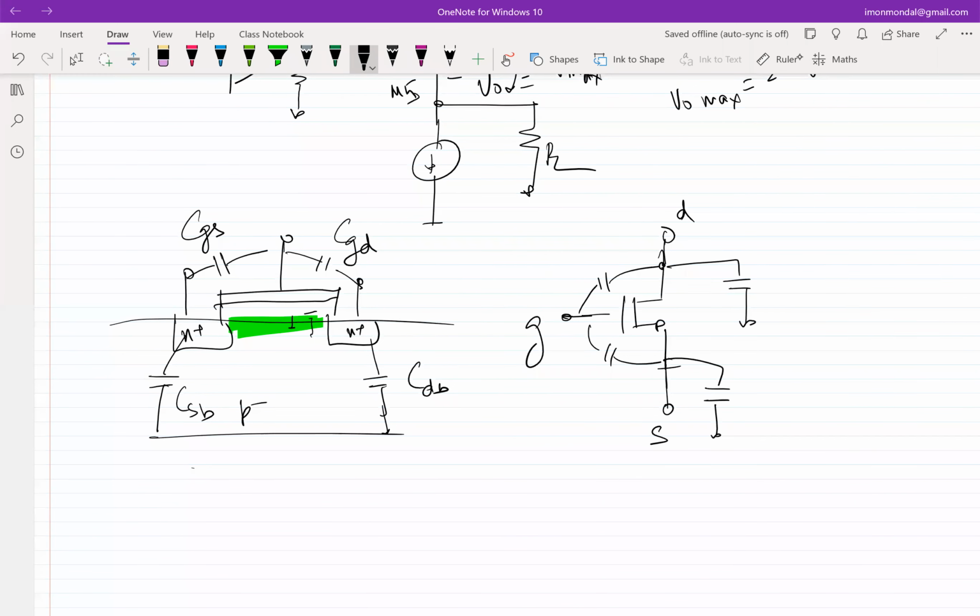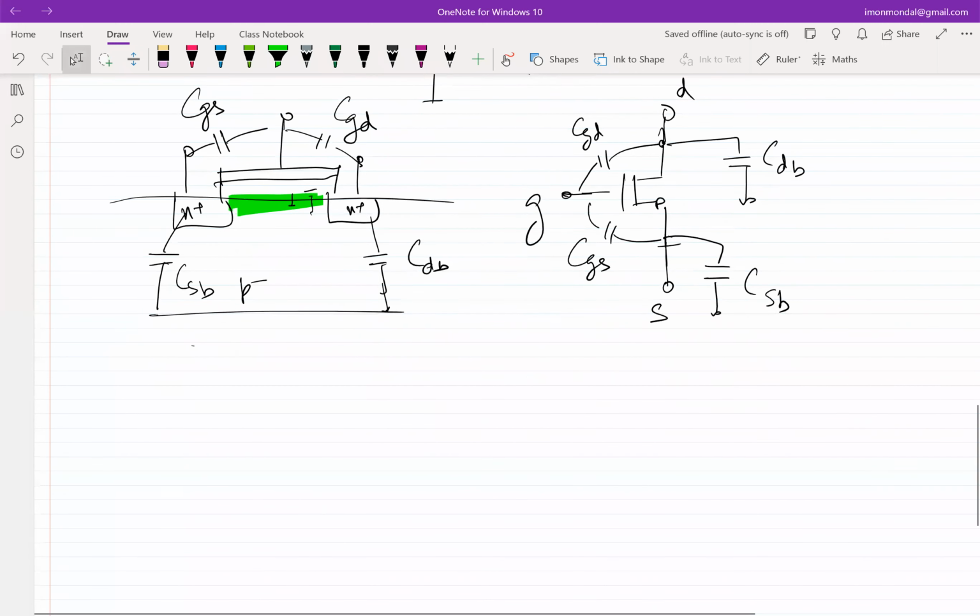Yeah, they are there. We have not been using them just because we have been doing all quiescent and small signal, low frequency stuff. At low frequencies, capacitances are as good as open, right? So we have been avoiding them, but you will see we cannot avoid them for too long. These exist, these are part of the devices. So this is CGS, this is CGD, this is CDB, this is CSB.